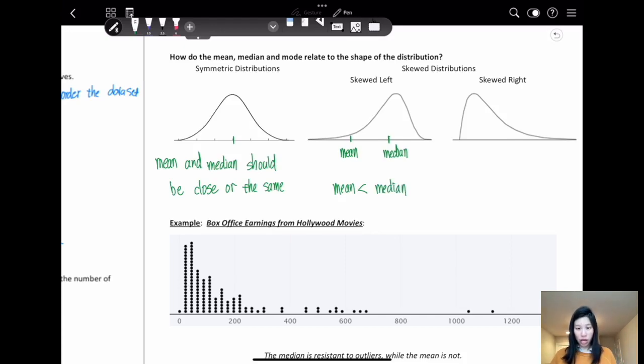Whereas with skew right, you also have an unaffected median, still close to the center of most of the data set, but the mean, which is the average value, is going to drag to the right. In that case, you will have a median less than the mean. Okay, such as this data.